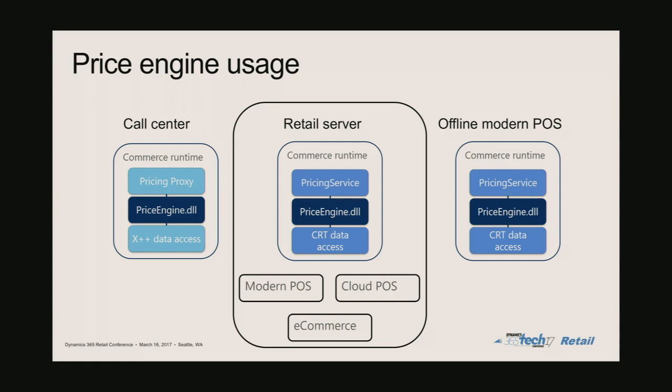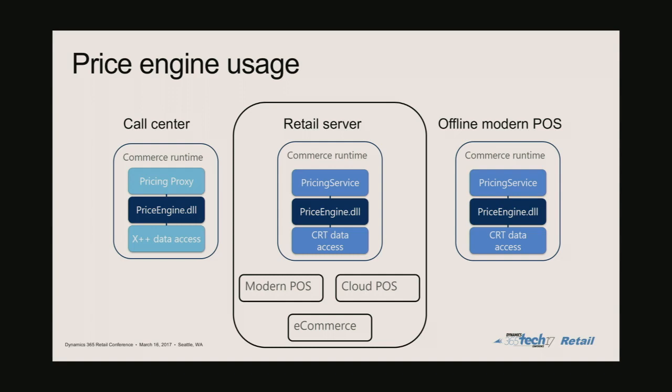One of the things I want to show you is, one, where it is, but two, it's not 100% the same everywhere. So you notice in call center, slightly different color and different names. And that's because the security model to access data inside the 365 operations client is different than what Retail Server has.